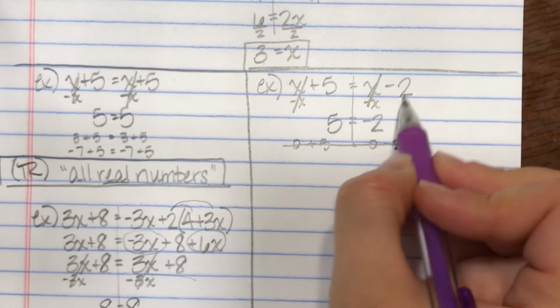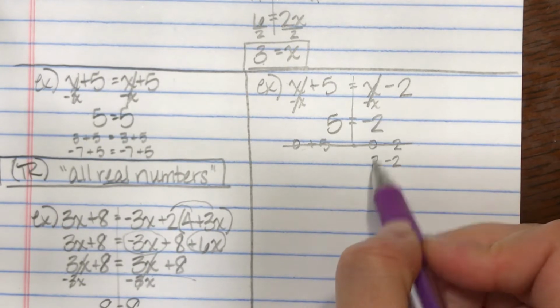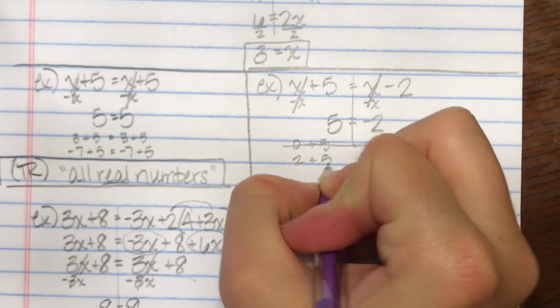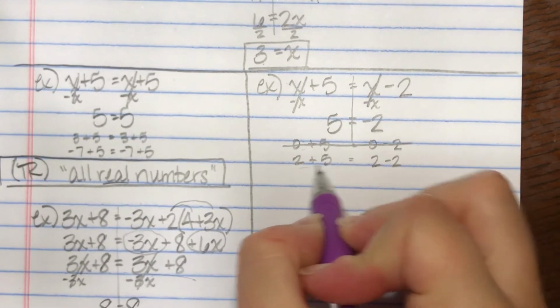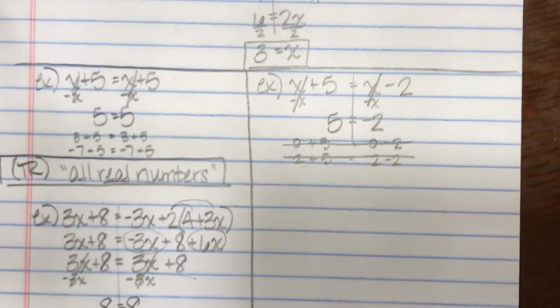Sometimes people think, what if I did 2? If I'm plugging in a 2 here, I'm also going to plug in a 2 here. Here I end up with 7 and 0, so those don't match.